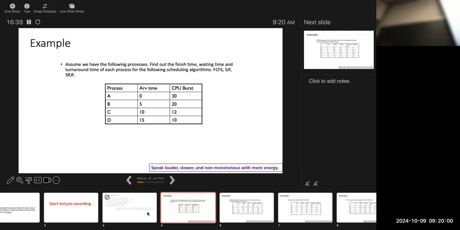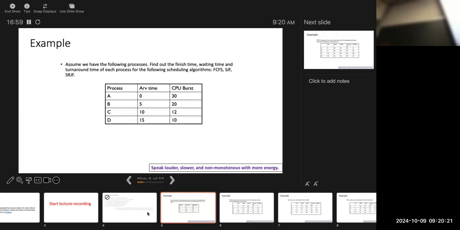So at time 0, I have no other ready process. I have only A. So I schedule A and it has the total execution time of 30. Let me also record it here: 30, 20, 12, and 10. So at time 0, I schedule this one.